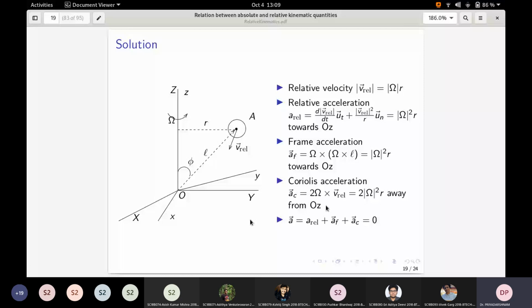Probably the frame acceleration and the relative components it may measure. That is what I am guessing. Let me think. If you are on the surface of the earth, you can take that example. No, even that example will not hold, because this is about a particle which is fixed there.